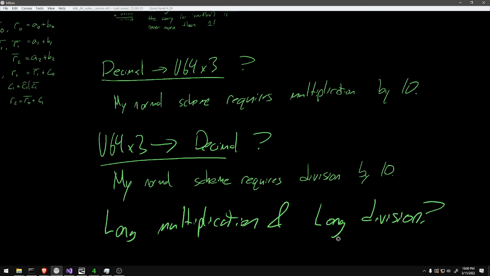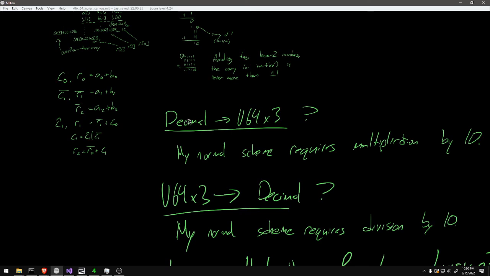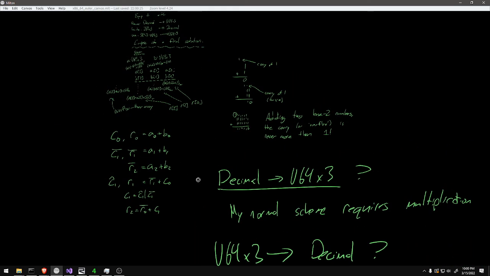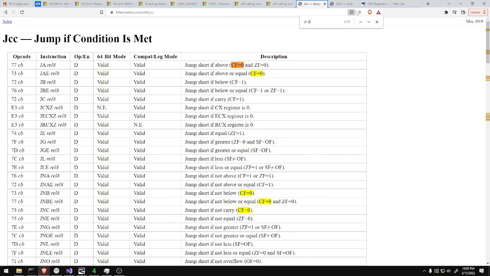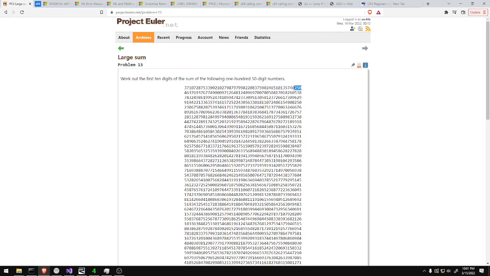The only other thing to consider is maybe we could do this problem differently. I was being ambitious in saying, what if we did it all in like 192 bits? The other thing we could do is say, okay, we're going to do this in a base that's not base 2.